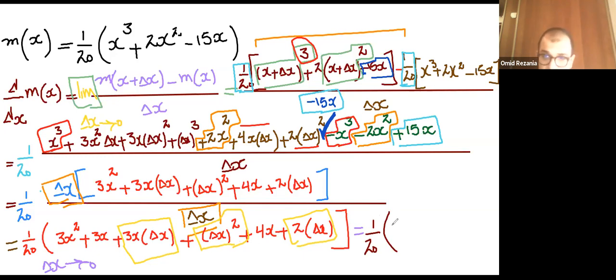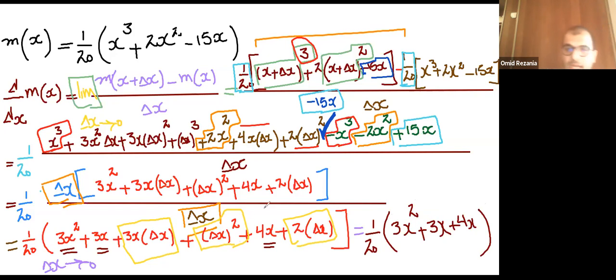The first term, which is going to be 3x squared plus 3x, which is the second term, this term, and plus this term which is left, 4x.